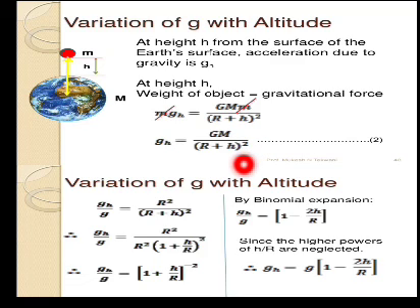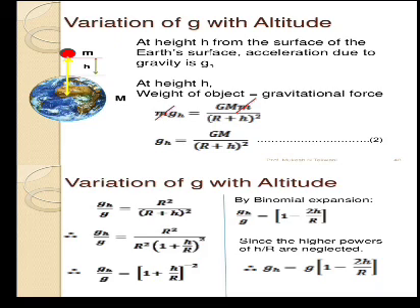If we take the ratio of these two equations, then we get gh upon g, then capital M, capital G, both are the same in the equation, so they get cancelled. Then the remaining part of the RHS is R square upon (R plus h) square.